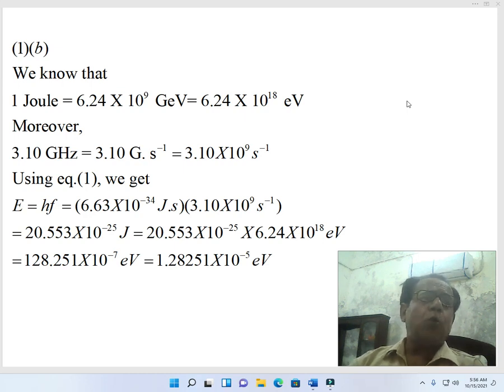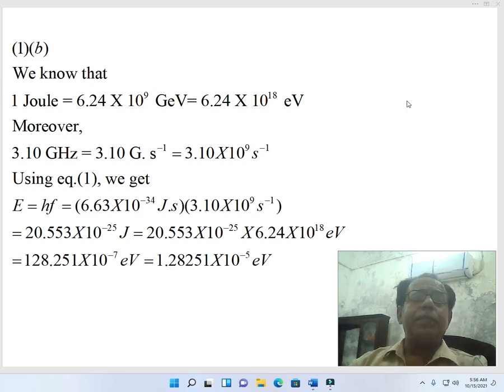So 3.10 gigahertz equals 3.10 giga per second, which equals 3.10 into 10 raised to the power 9 per second. The remaining procedure is the same, and we get E equal to 1.28251 into 10 raised to the power minus 5 electron volt.